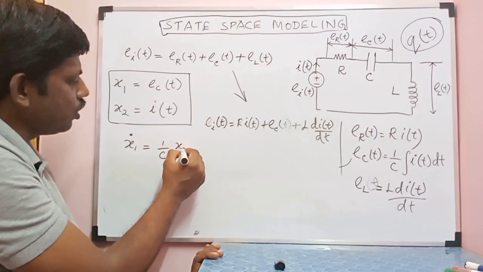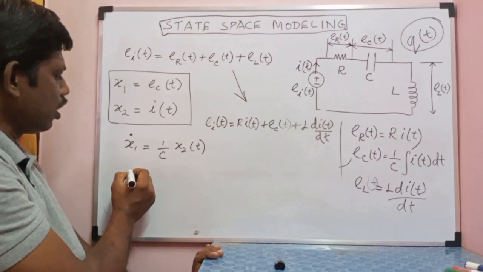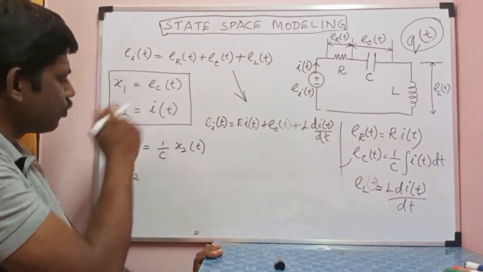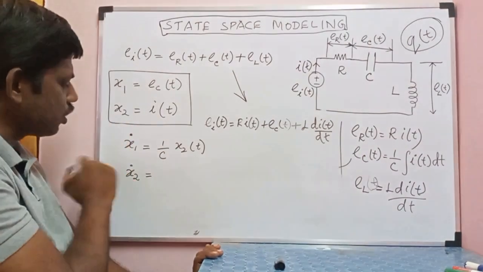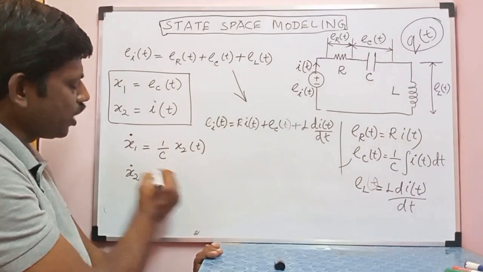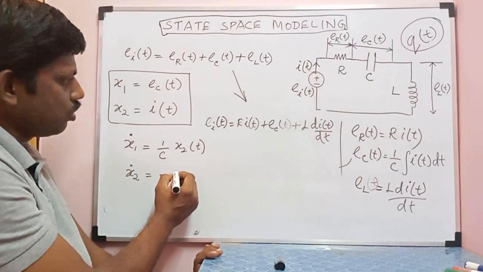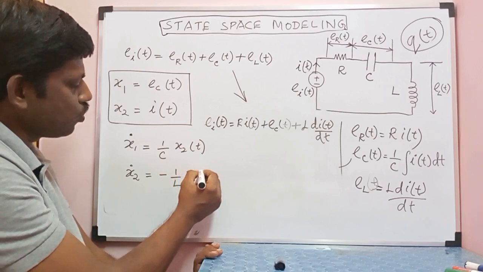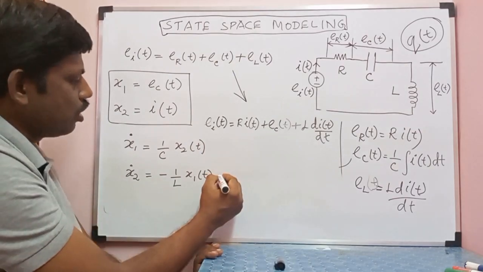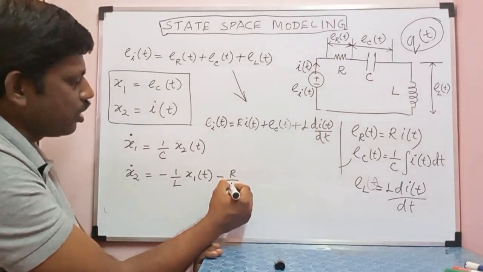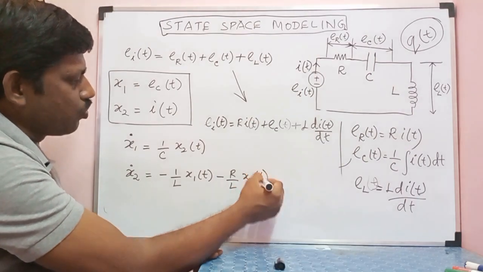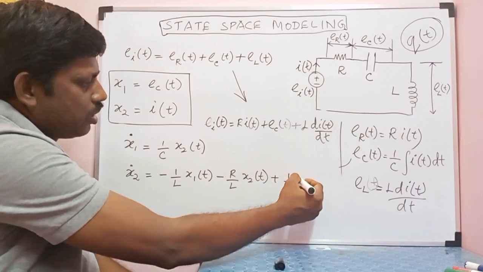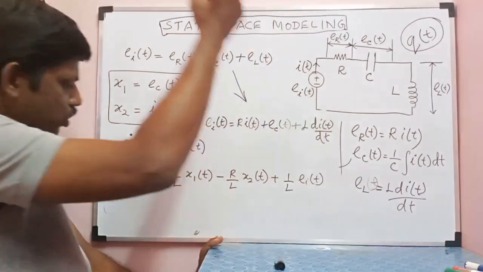I of t is x2 of t. And x2 dot, that is dI of t by dt, is minus 1 by L x1 of t, minus R by L x2 of t, plus 1 by L E_I of t, which is the input.